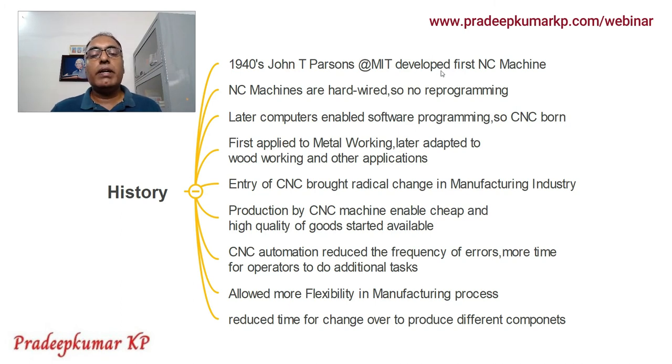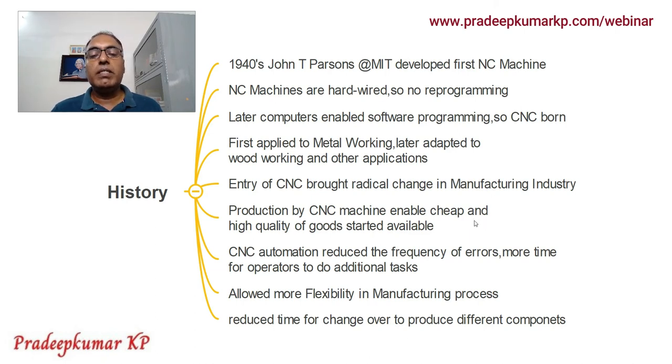The entry of CNC brought radical change in the manufacturing industry. Like any other machine, the CNC first had a big role in the metalworking industry. Later it went to other areas like woodworking, sign making and all those things. So it has a major impact on various industries.